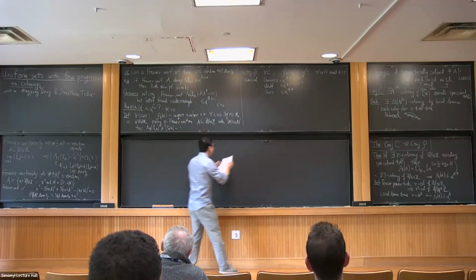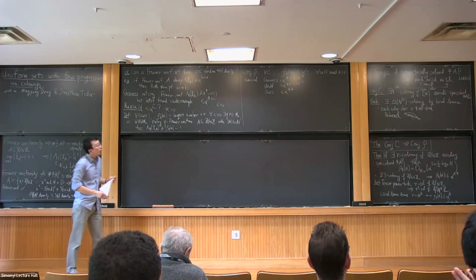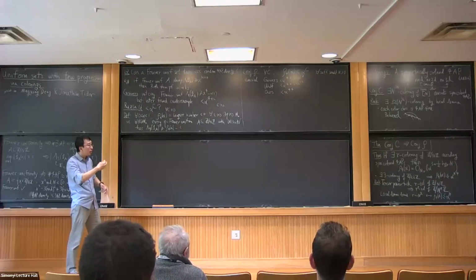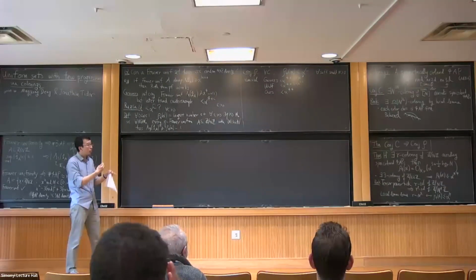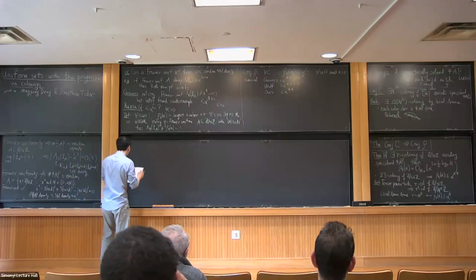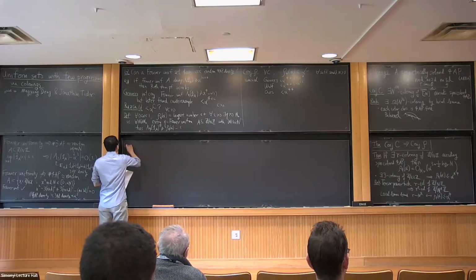So let me explain basically how that theorem is proved, and along the way, let me say why we think that it's almost like a converse, although maybe that's too much of a claim.